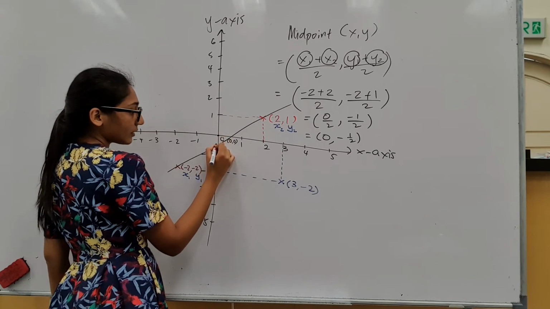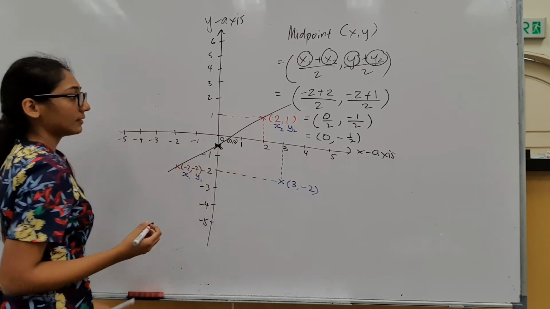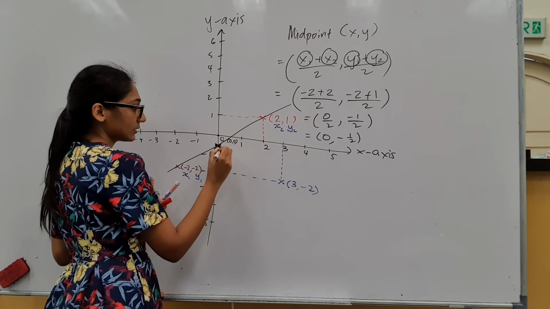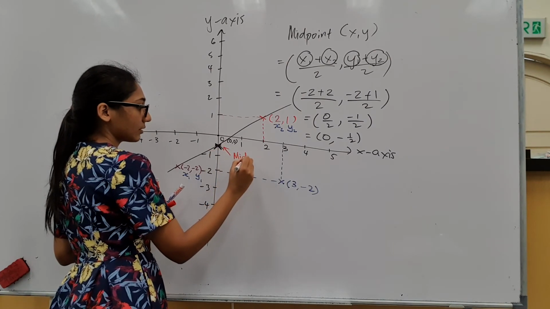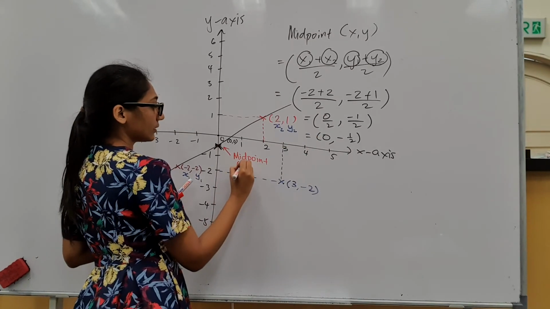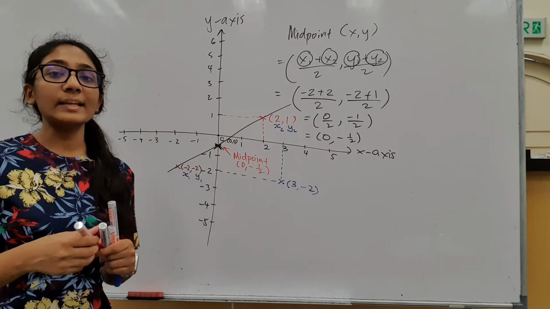Which means my midpoint is here. You see, just now I estimated here, right? So I get my midpoint here. So this is my midpoint, and my midpoint is 0, -half. That is how I calculate the midpoint.